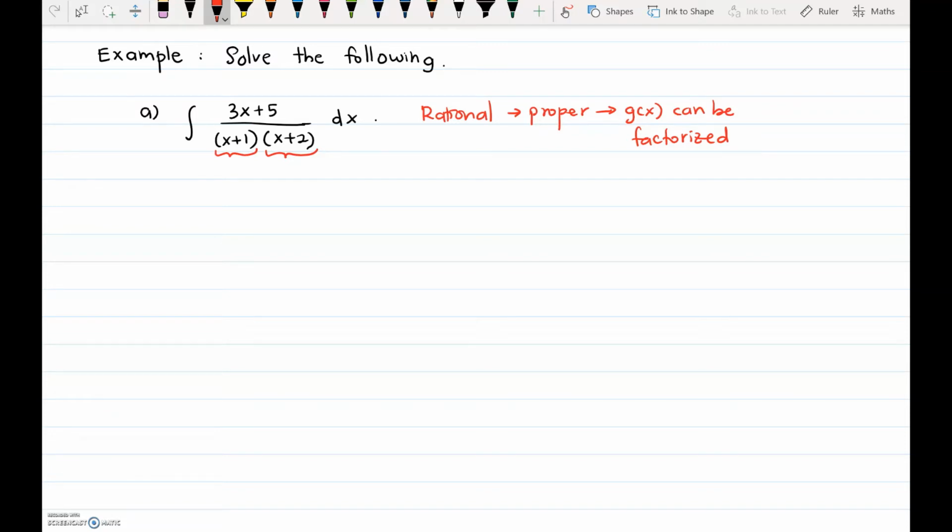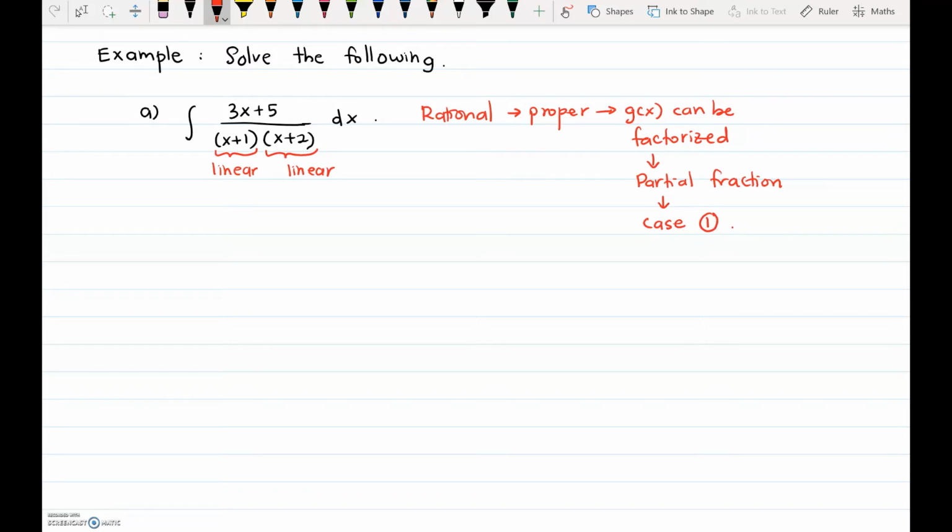If your g(x) can be factorized, you have to use partial fractions. For partial fractions, we have three cases: distinct linear, repeated linear, and also irreducible quadratic factors. So let's look at the factors. We have x plus 1, which is a linear factor, and x plus 2, which is also a linear factor. That means it is in the first case, case 1.